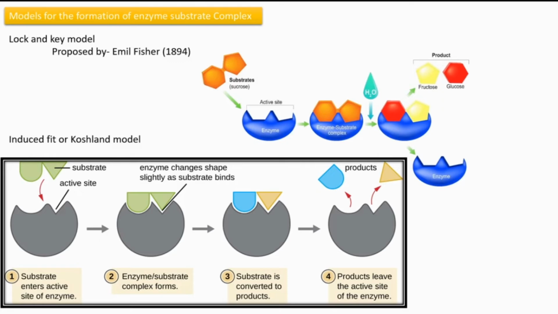The secondary or final binding occurs only after the initial binding, and the secondary or final binding is the most fitting binding. Okay, that's about the two models for the formation of enzyme substrate complex.